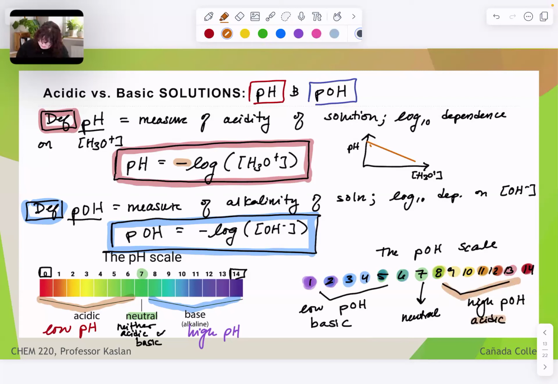In our high pOHs, we are acidic. Low pOHs are basic. And then again, a pOH of 7, just like with a pH of 7, is neutral. So these are inverses.